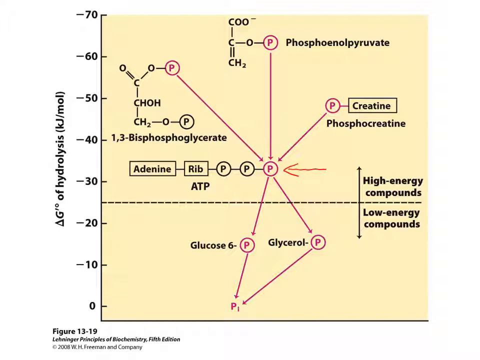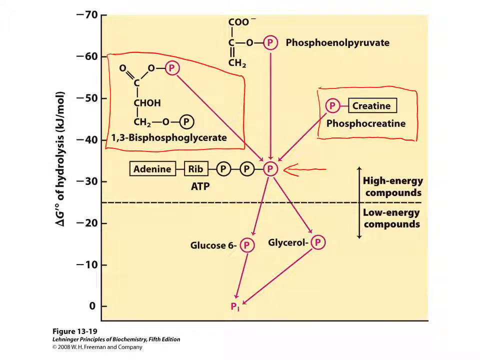However, on this scale, you can see that we have some compounds that are of higher energy than ATP, like phosphocreatine, for example, 1,3-bisphosphoglycerate, and phosphoenolpyruvate, otherwise known as PEP.